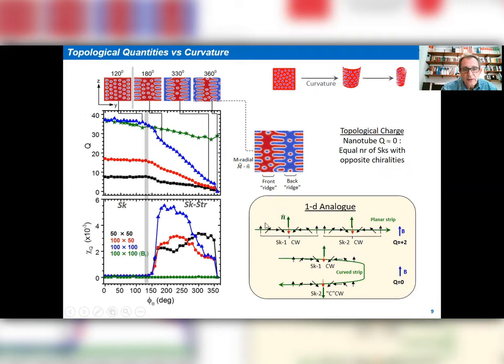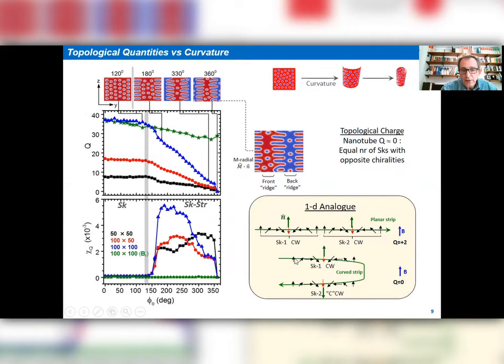To understand this behavior, we can look at this one-dimensional analog. If you have a planar case and you have two skyrmions formed on this surface, which both have clockwise chirality, if you bend this surface and you still apply the same field as before, then the same skyrmions occur.